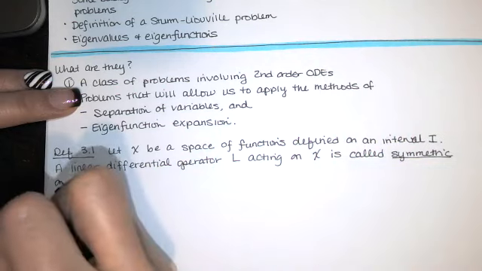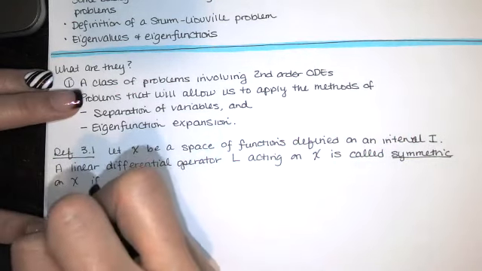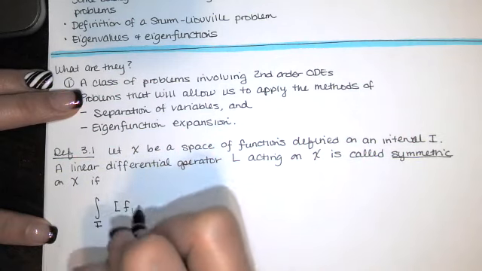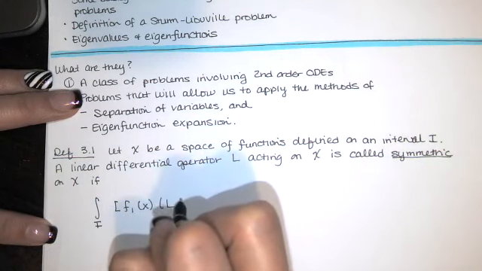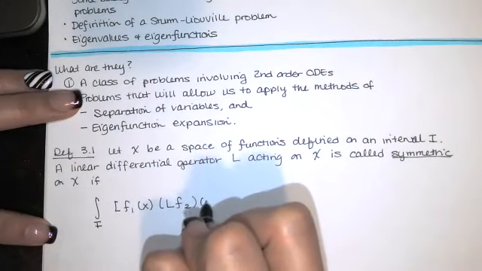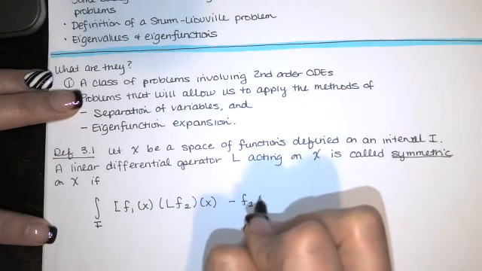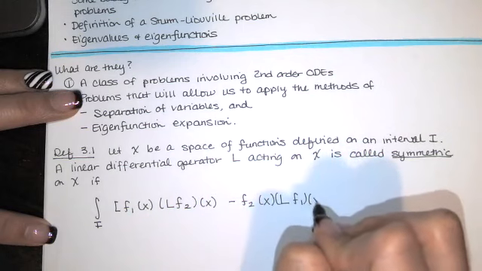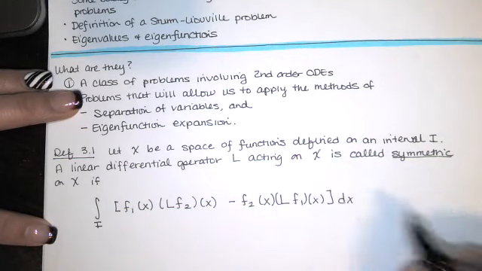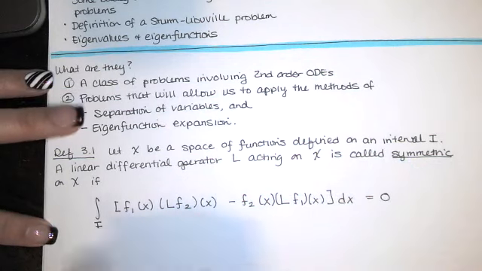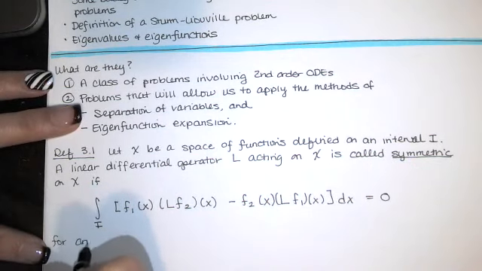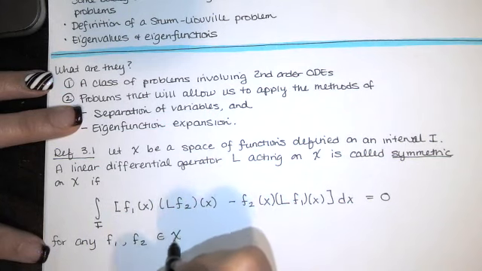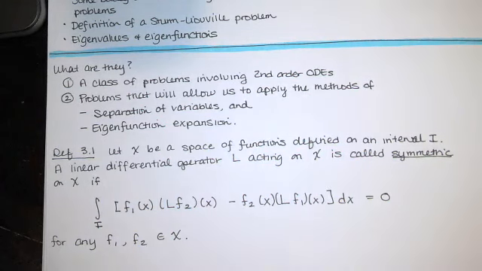Symmetric on that space if the integral over I of one function of x times that linear operator applied to a second function, minus that second function times the linear operator applied to the first function, is equal to 0 for any functions f1 and f2 in that space of functions, chi.